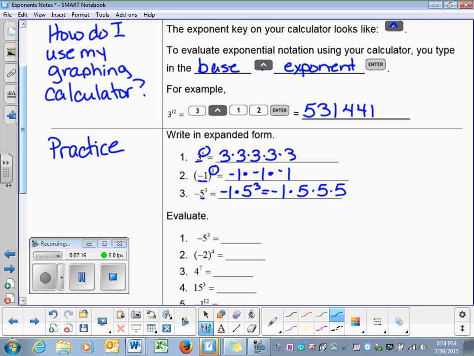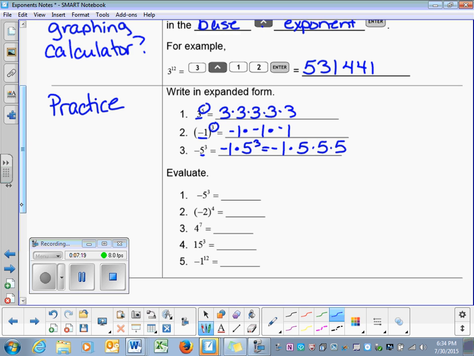Now this one asks us to evaluate, and here's the awesome thing. If you type it into your calculator exactly the way it's written, it's going to work. So negative 5, exponent 3, is negative 125. For number 2, we're going to use parentheses. They are above the 8 and the 9.